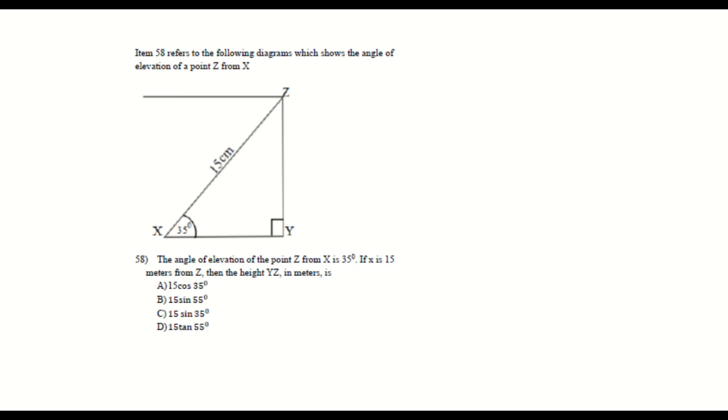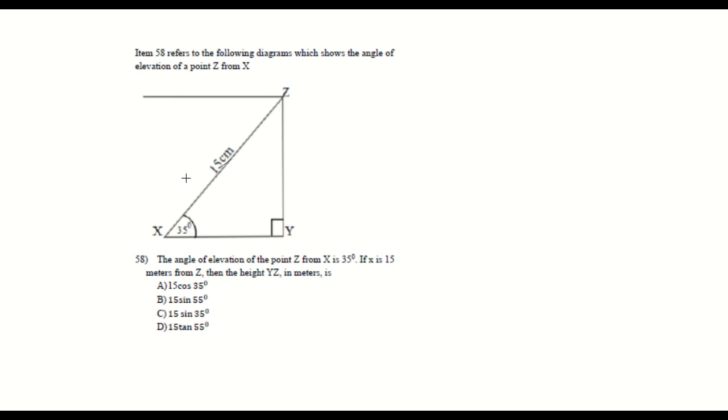Item 58 refers to the diagram below. The angle of elevation of point Z from X is 35 degrees. If X is 15 centimeters from Z, they want to know the height here.